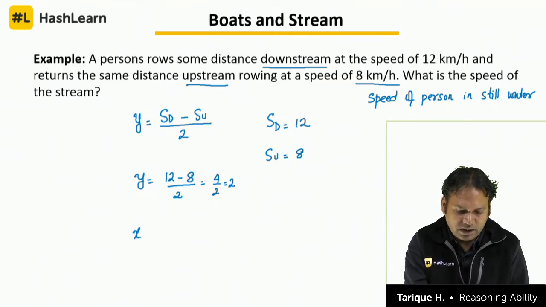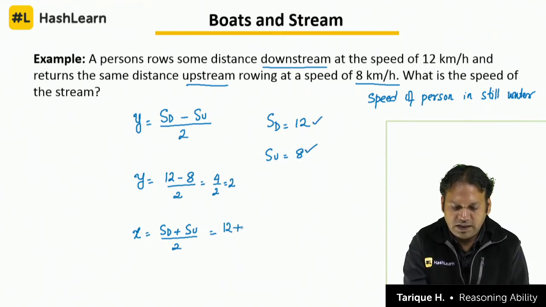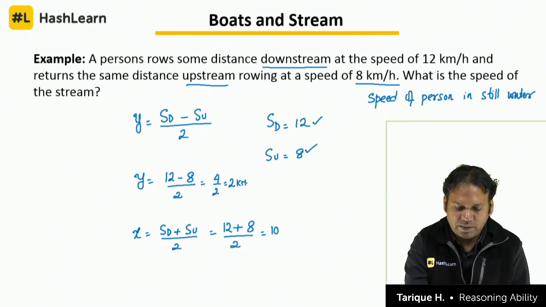Now we know that formula is SD plus SU by 2. So 12 and 8 already we know. So 12 plus 8, 20 by 2, that is 10 kilometers. So this is 2 kilometers per hour and this is 10 kilometers per hour.